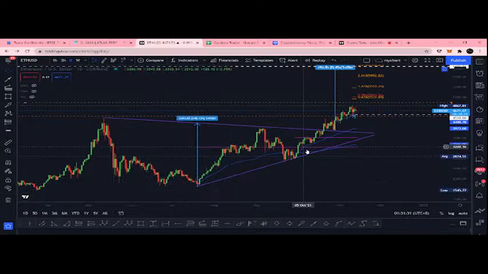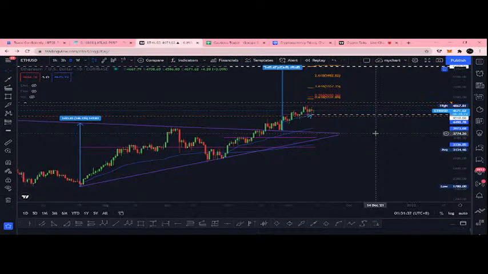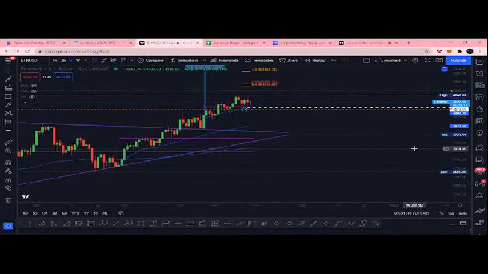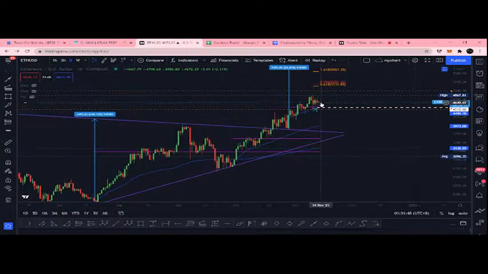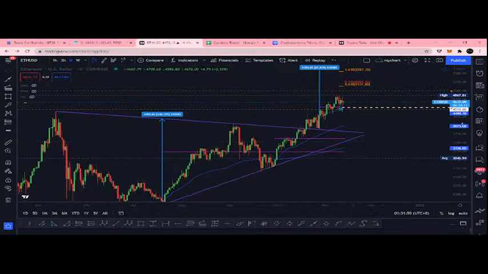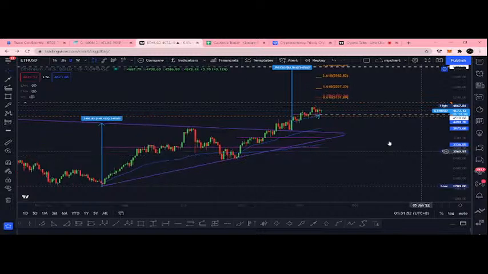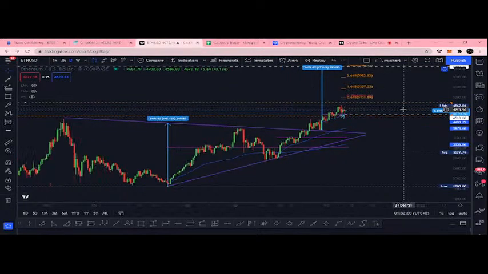I actually use three here, around this area and this area. We can use that as a support. I like how Ethereum is holding right now. We might possibly see a retest to the all-time high tomorrow.